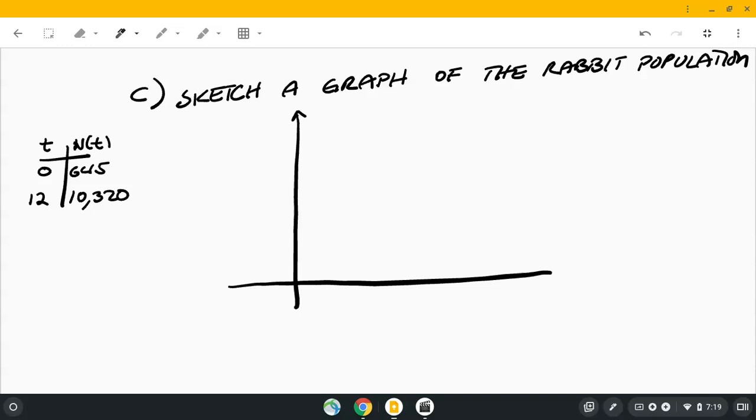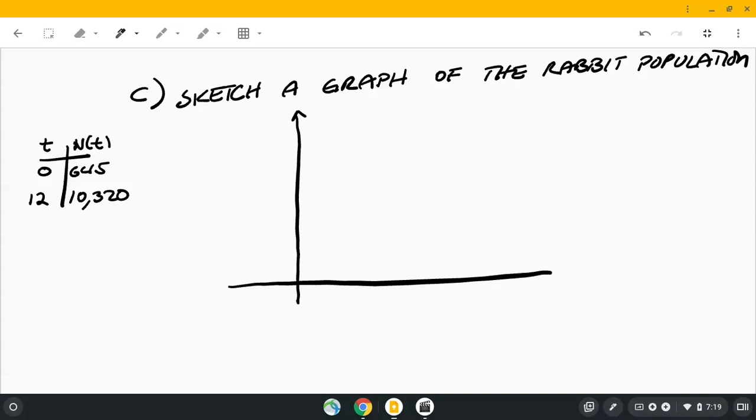So t equals 0 is 645, and I need to get to 10,000. So I'm going to go by 2,000s: 2, 4, 6, 8, 10, 12. And you know what? I have enough room. I didn't have enough room on my paper before, but now I do.